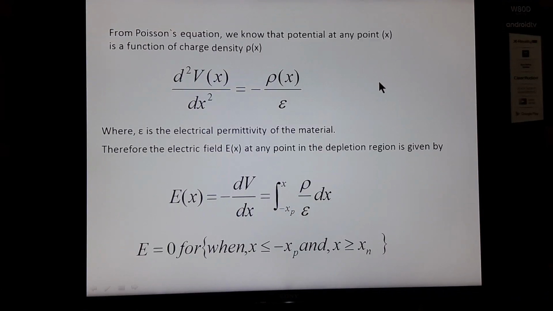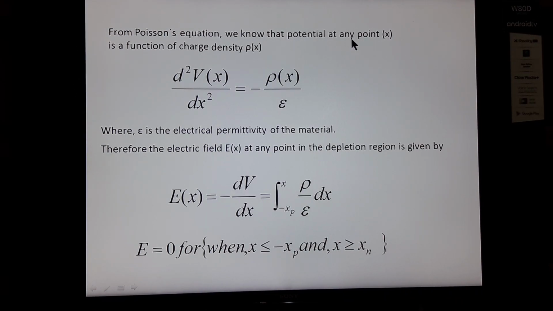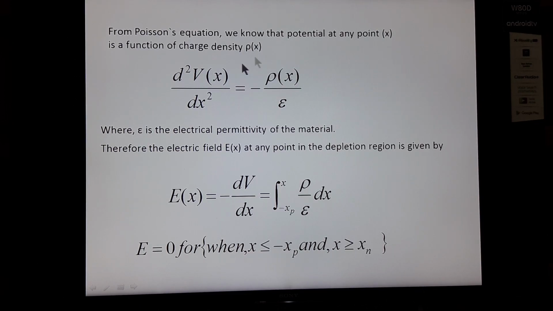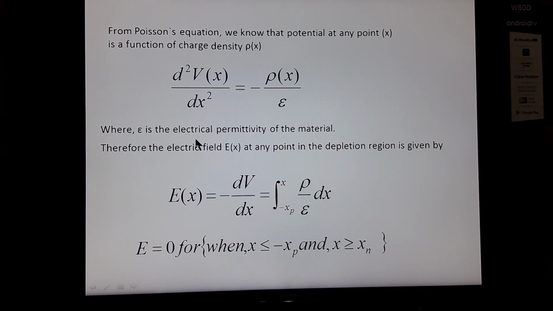So from Poisson's equation, we know that the potential at any point x in the depletion region is related to the space charge density rho(x) by this relation. Here epsilon is the electrical permittivity of the semiconducting material.